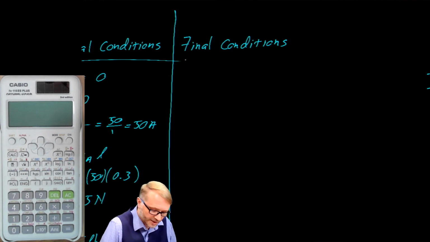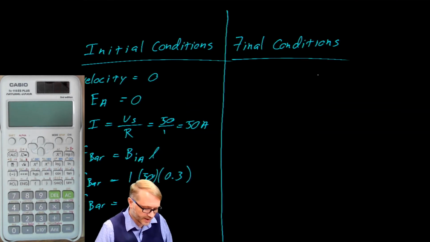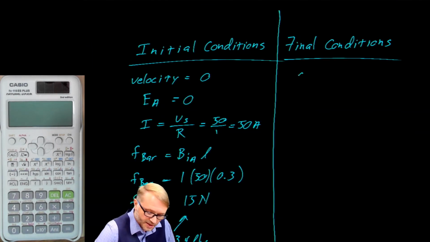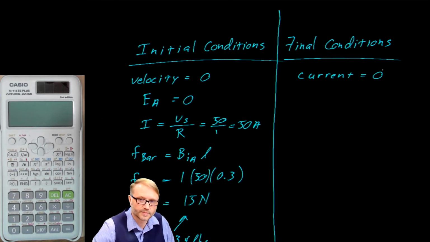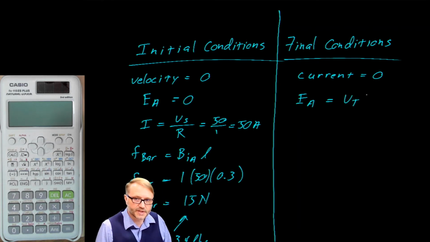So we come over here and we start talking about our final conditions. So we said our current must equal 0, because if our current wasn't 0, we would be accelerating the bar. So final conditions, current 0. Our voltage induced must be equal to the battery voltage.